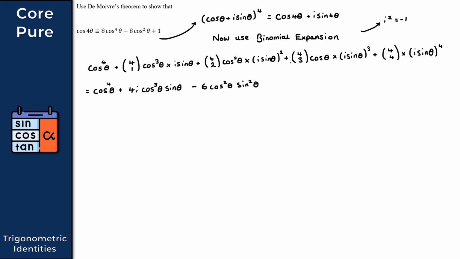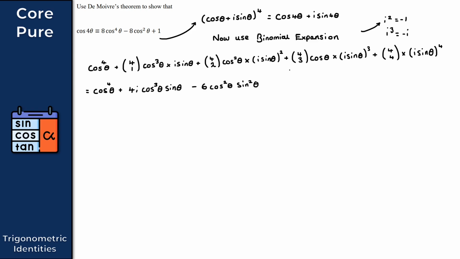So let's keep going then. So we now have 4 choose 3. We times that by cos theta, and then we times it by i sine theta, all to the 3 here. Now 4 choose 3 gives us 4. We then times 4 by i cubed here. So i cubed is equal to -1 times i, so we get minus i there.